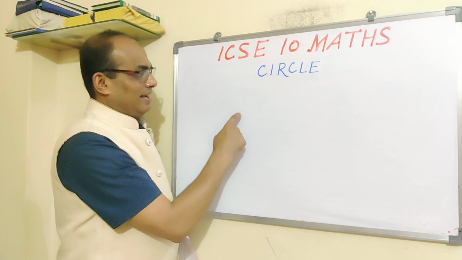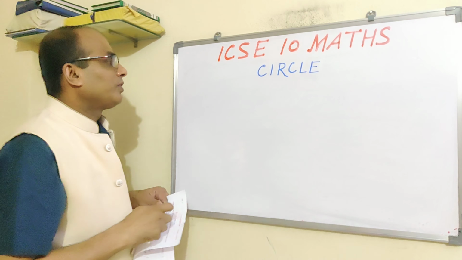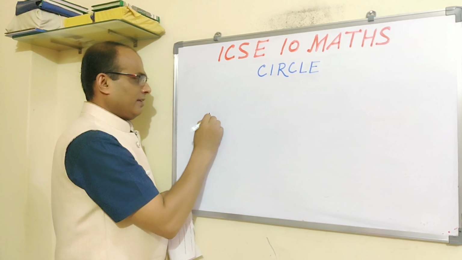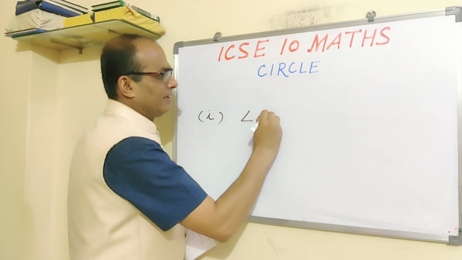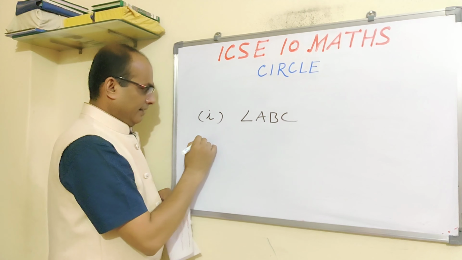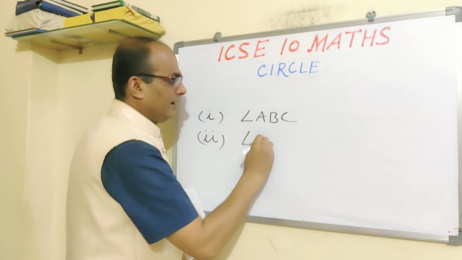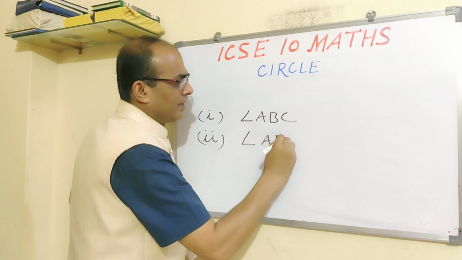Generally, three questions are asked: find out angle ABC. Some question is there, and then the first sub question is find out angle ABC. Then the second sub question is find out angle AEB, something AED.